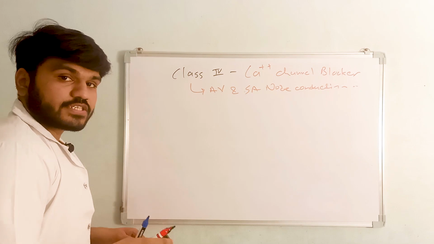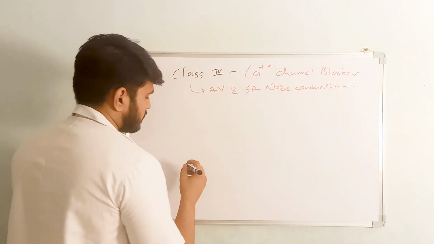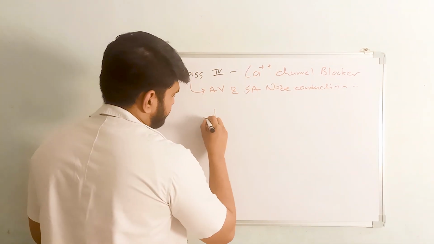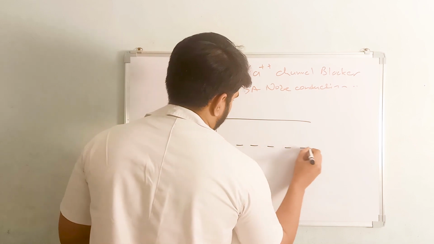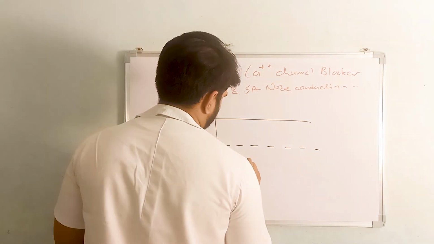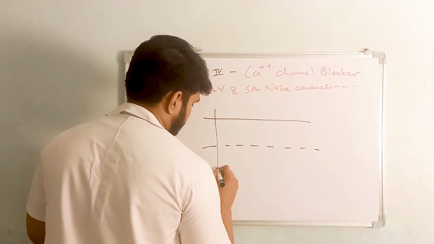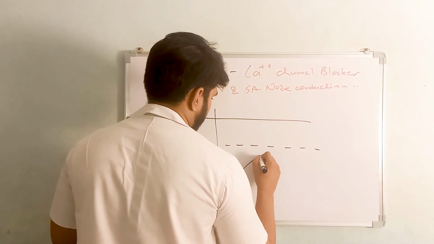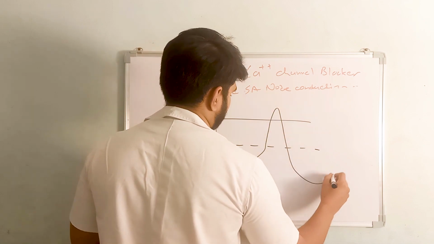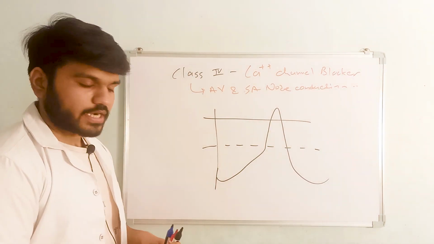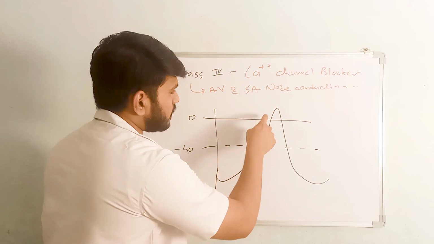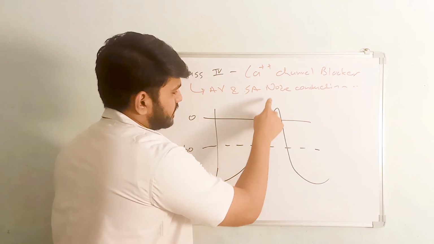Okay, so we are going to start off with our rough chart. So this is our rough chart. As you already know, calcium works on this part of the chart.